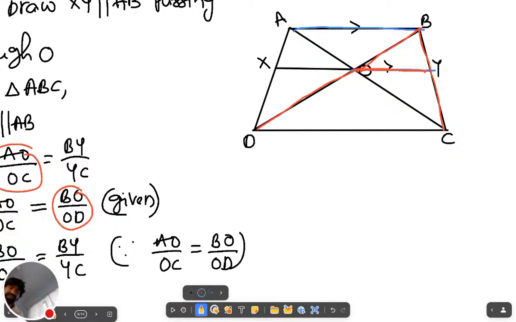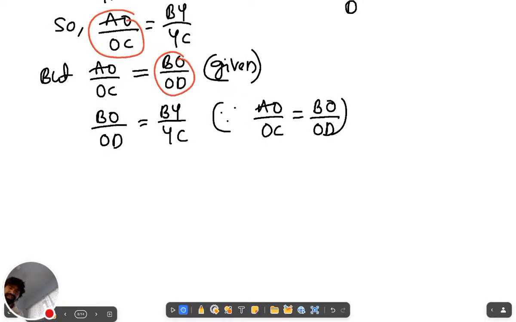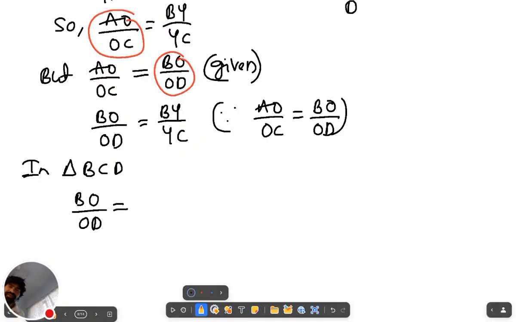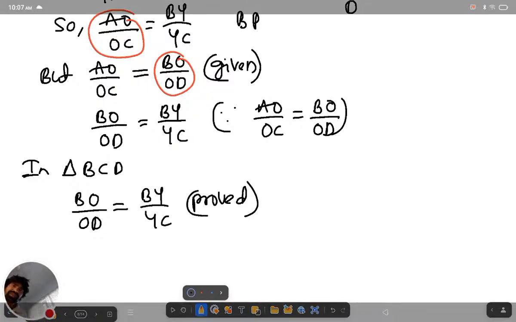So in triangle BCD, we got BO by OD equal to BY by YC. We proved it by the basic proportional theorem.